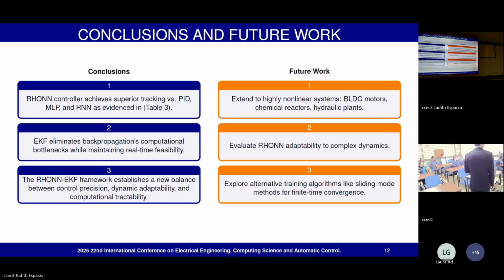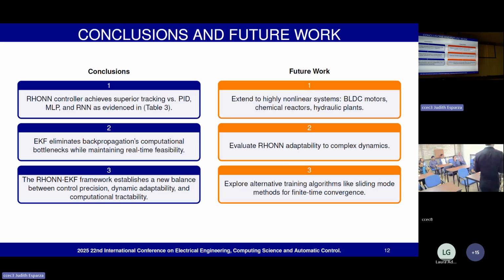The use of this framework has a balance between control precision and dynamic adaptability, because as I said before, this neuron is trained online. So it means that if we change the plant and put another motor in, the network is going to adapt to it.